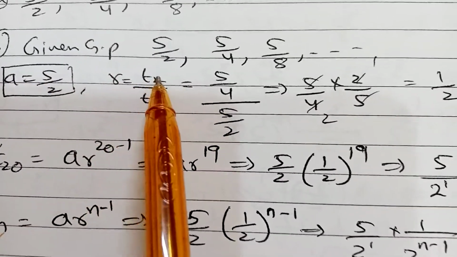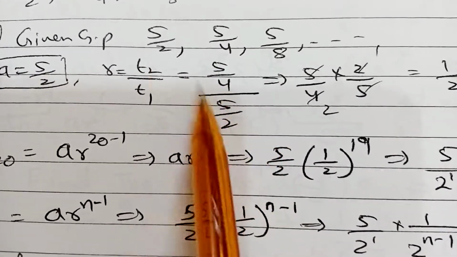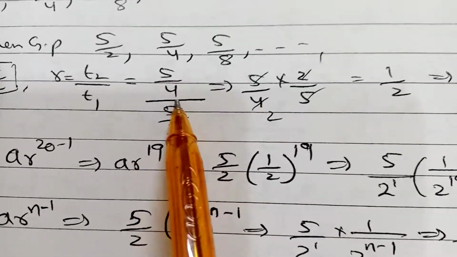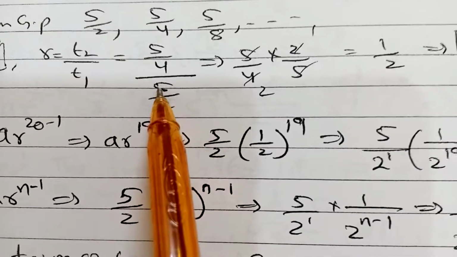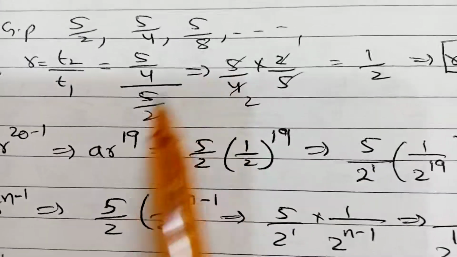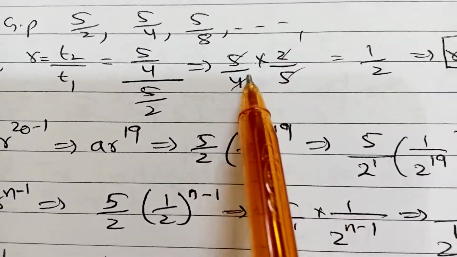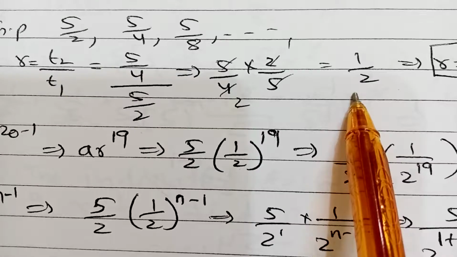R is equal to T2 by T1, 5 by 4 divided by 5 by 2. This 5 by 4 as it is; 5 by 2 goes to the numerator and becomes 2 by 5. 5 5 cancel, 2 ones are 2, 2 twos are 4. So 1 by 2.